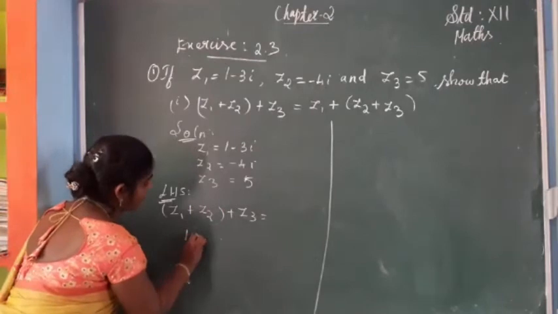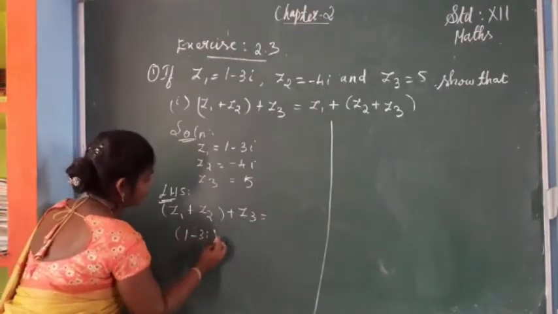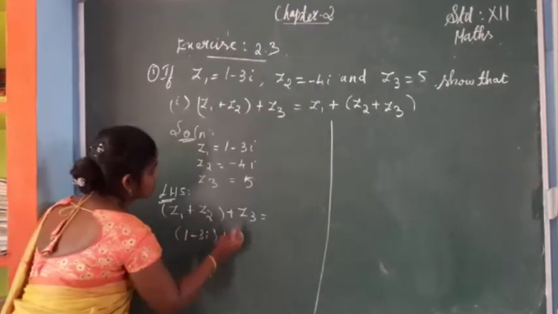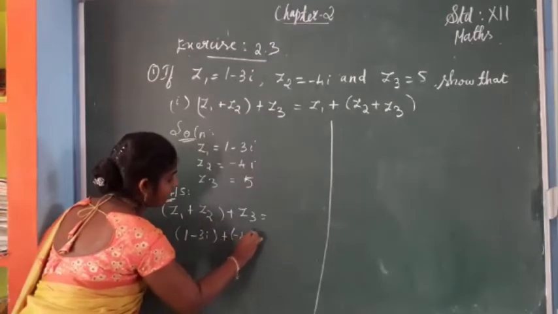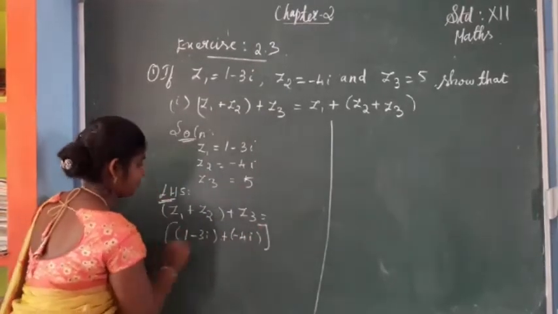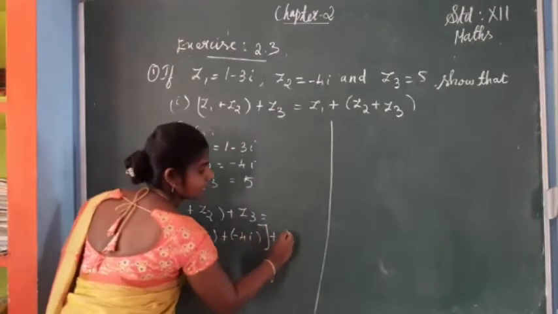So 1 minus 3i plus minus 4i plus z3 value is 5.